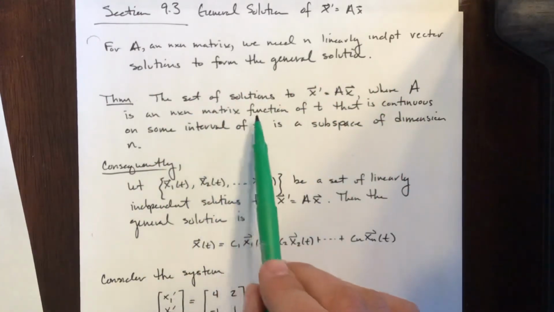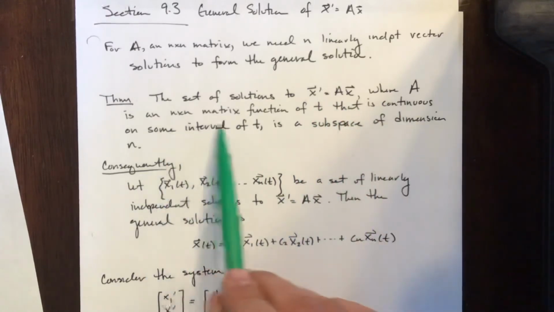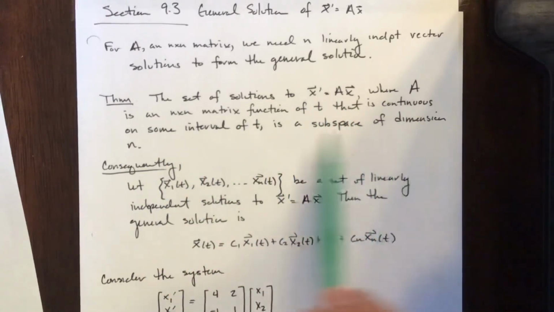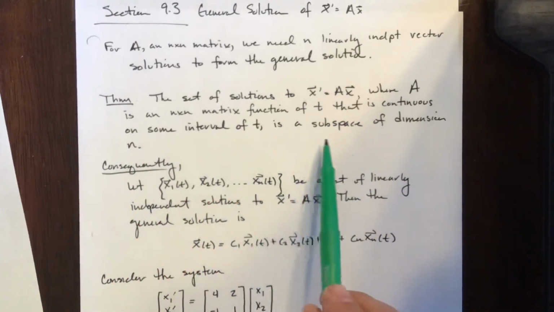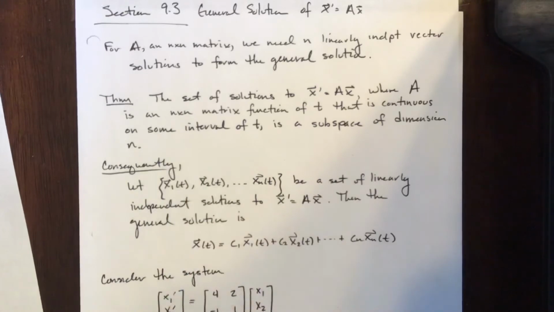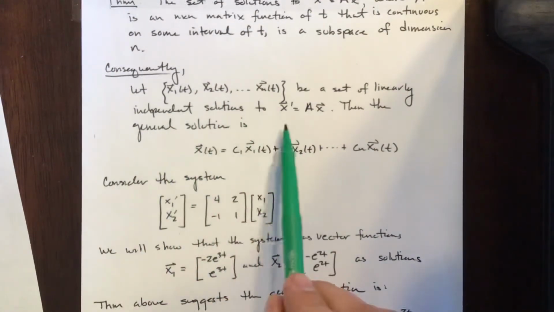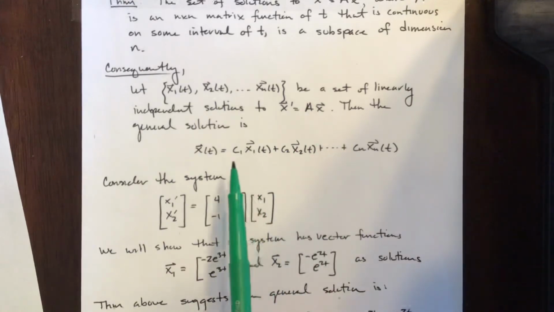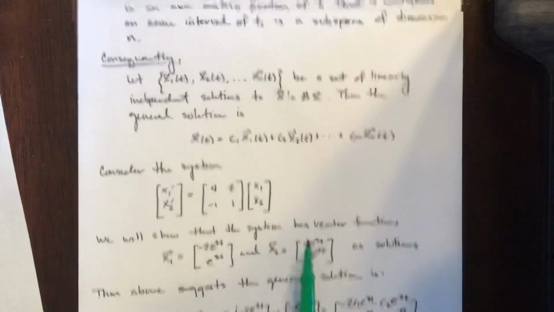The set of solutions to x prime equals Ax, where A is a 2 by 2 matrix of t and the functions are continuous on some interval, is a subspace of dimension 2. So anytime you have two linearly independent solutions to this, then the general solution is scalar times vector 1 plus scalar times vector 2.